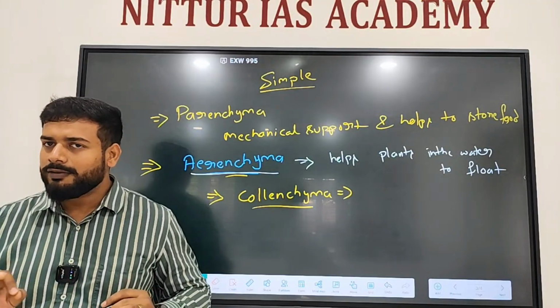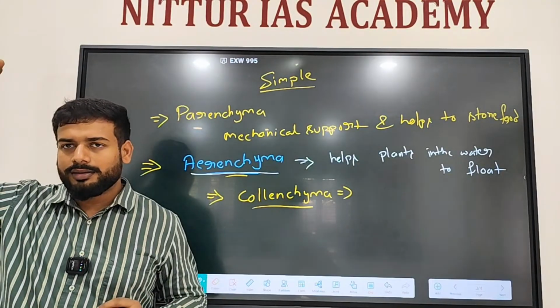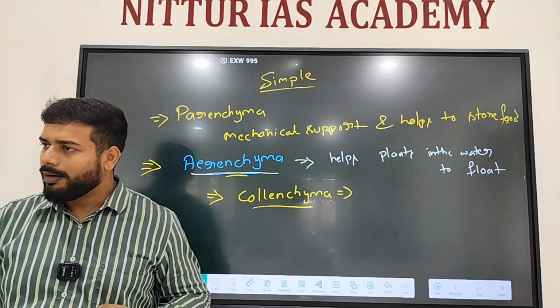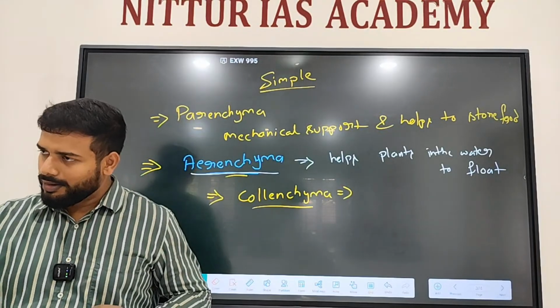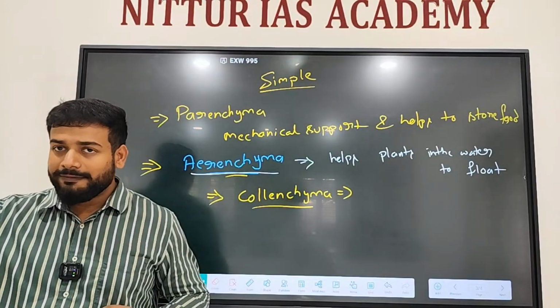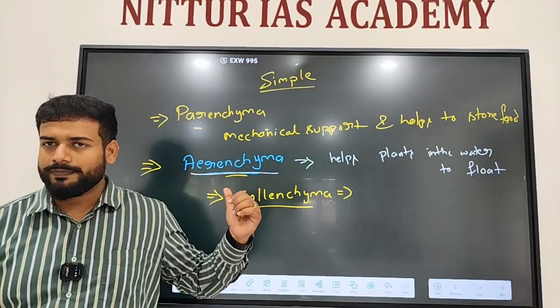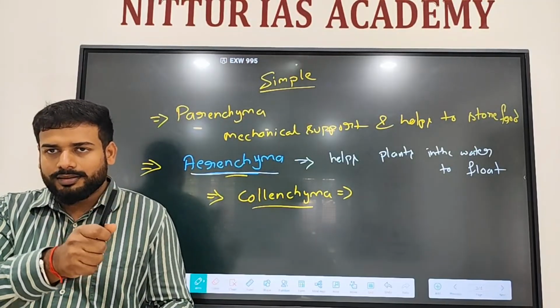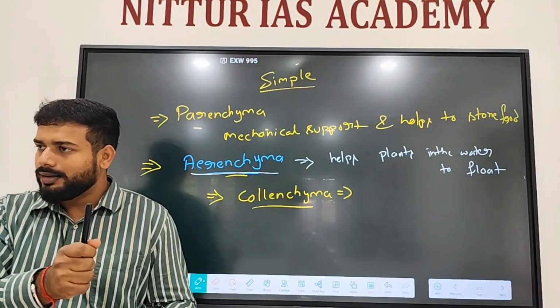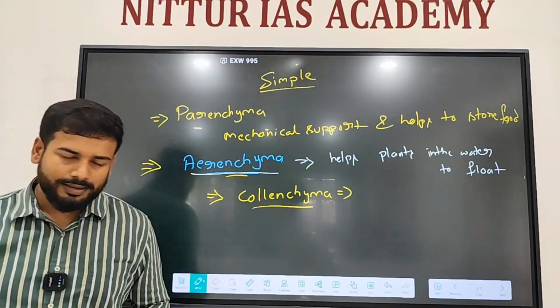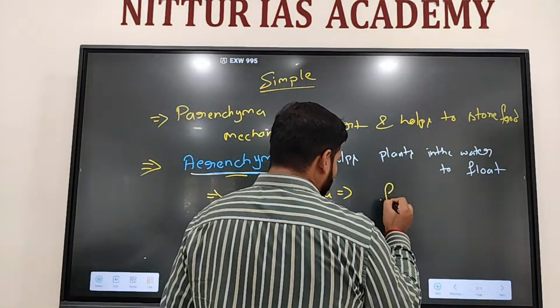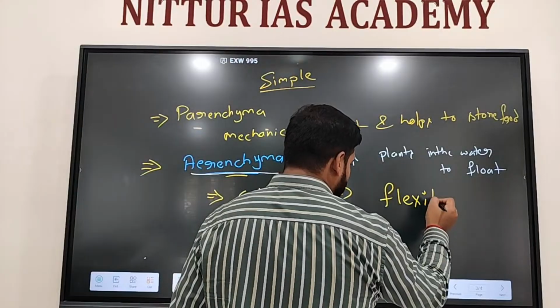Otherwise, it will not fall. It may break at the tip or be uprooted. The flexibility the plant gets is due to collenchyma. You can easily bend a stick to some angle, right? That is collenchyma.